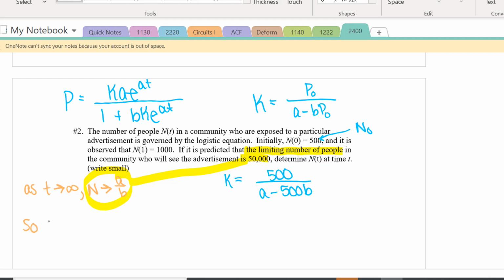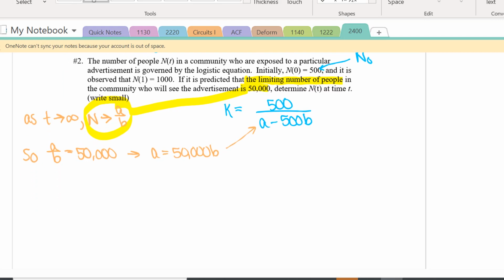So A over B equals 50,000, which means A equals 50,000 times B. And we can substitute that in for that A.